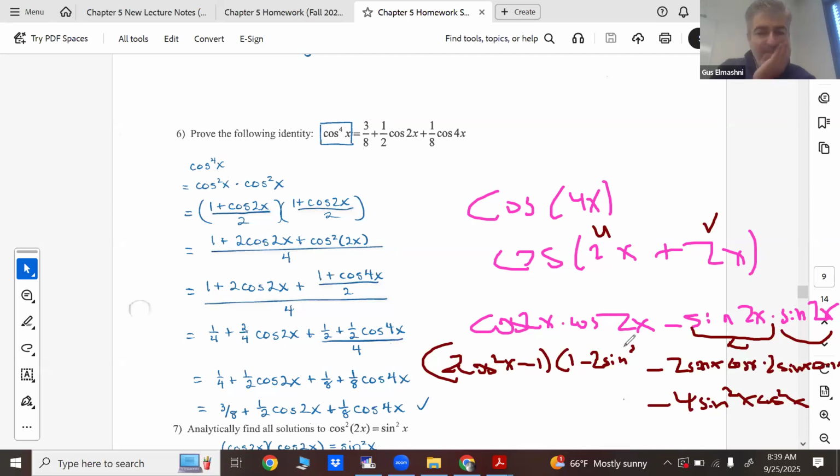Wait, should I do that? Hold on. Give me a sec here. Cosine squared x. Focus. Give me a sec here.